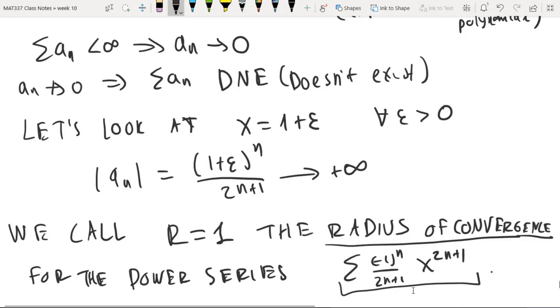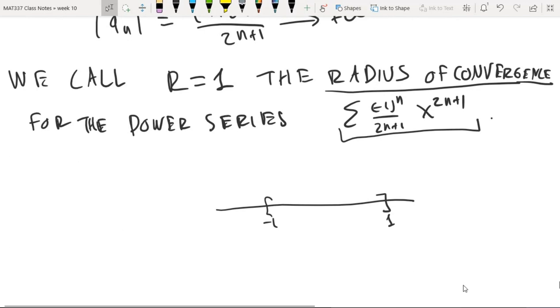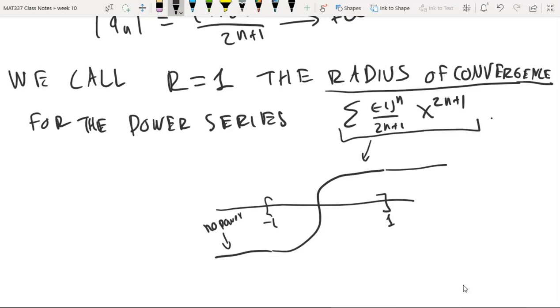Meaning that only within this interval can you talk about it. What was the graph of arctan? Let me draw it. At 0, you're 0, so something like this. Only within here can you approximate by power series. Outside, you cannot. Happy?